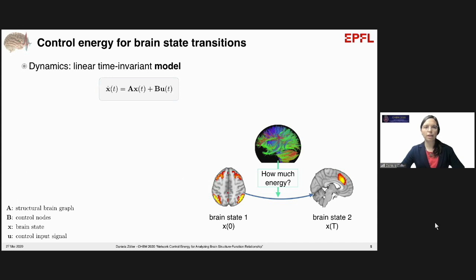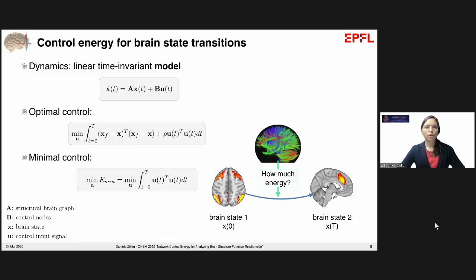We use a linear time invariant model and then optimize this cost function to estimate the optimal control input U, or in case of this study, we used minimal control, so we just minimized the energy that would be required for the state transition based on this dynamic model.